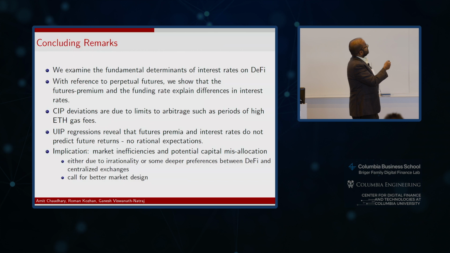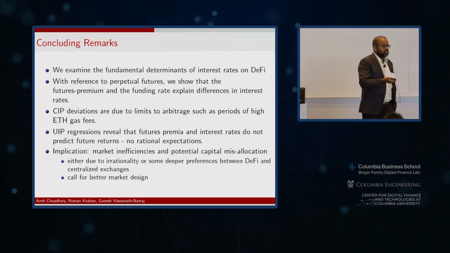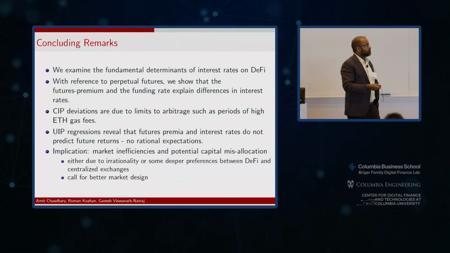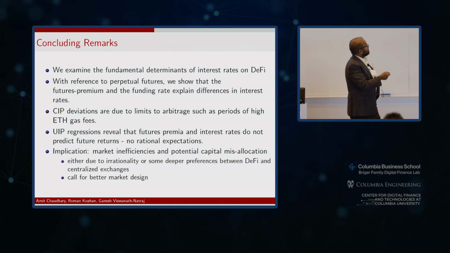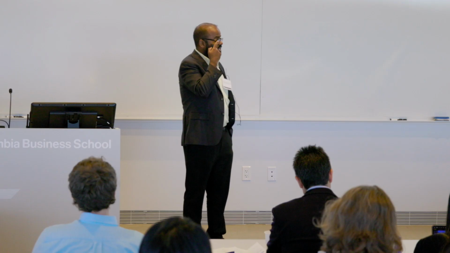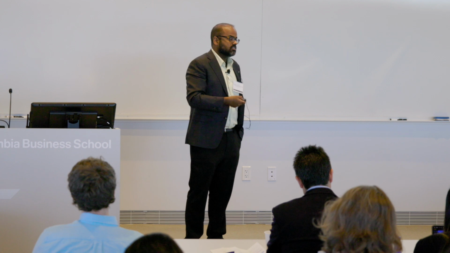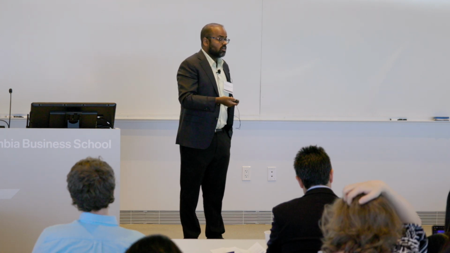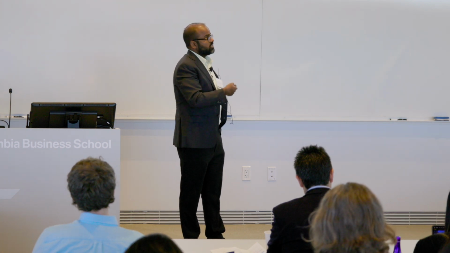And the return predictability is low, which means that there's segmentation in the market, so futures traders and lending protocol traders have different beliefs. This suggests that there could be some potential misallocation or market inefficiencies to explain why the lending protocols are not more integrated. And potentially some improvements in the market, say lowering transaction costs, could improve the integration between markets. Thank you.